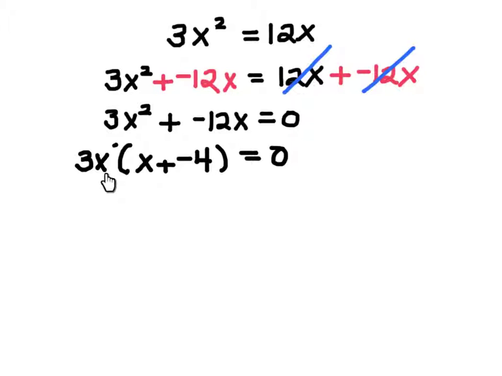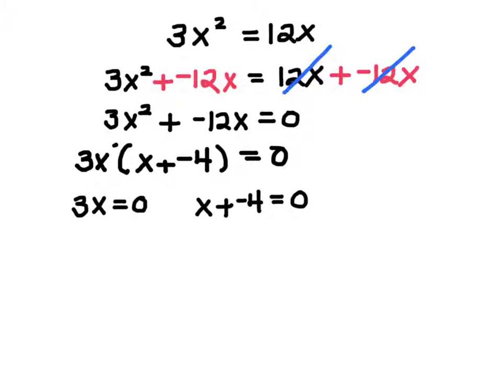Either the first factor, which is 3x, is going to equal 0, or, to make this equation valid, the second factor, which is x plus a negative 4, must equal 0. If either one of these equations is true, then our original equation is true. Let's solve for x.